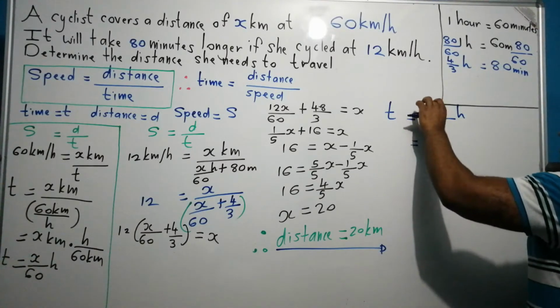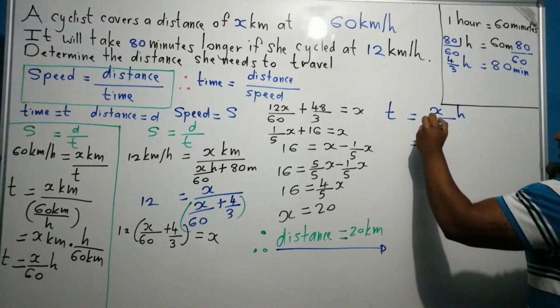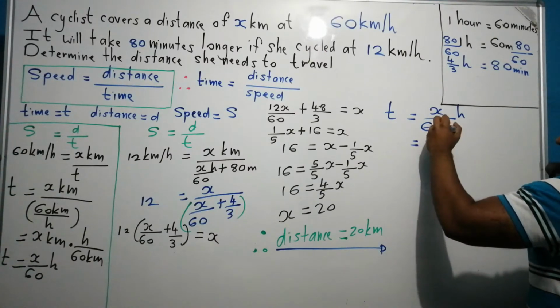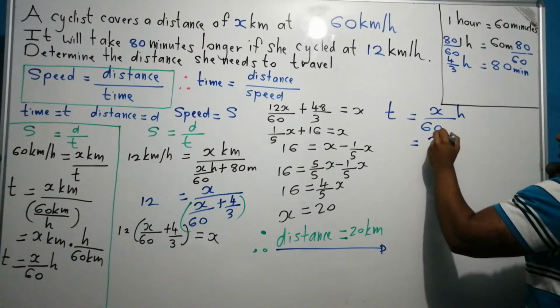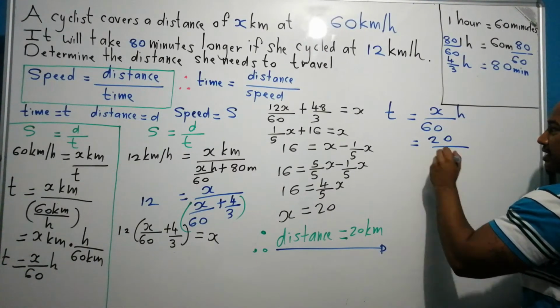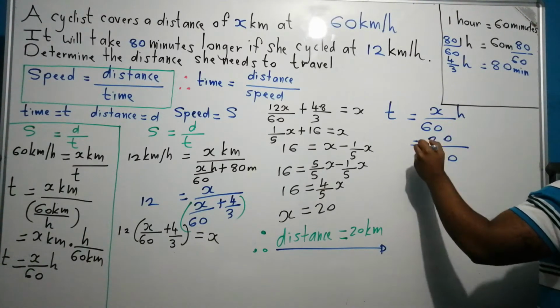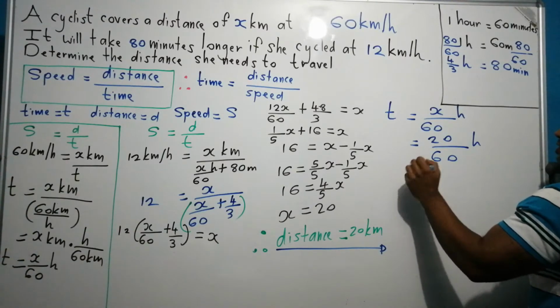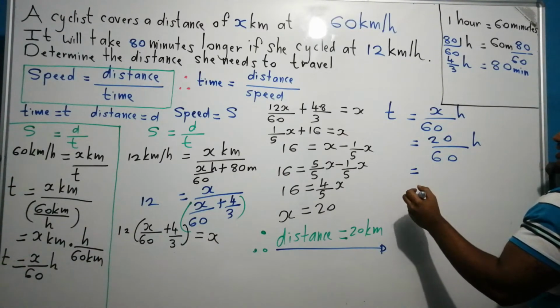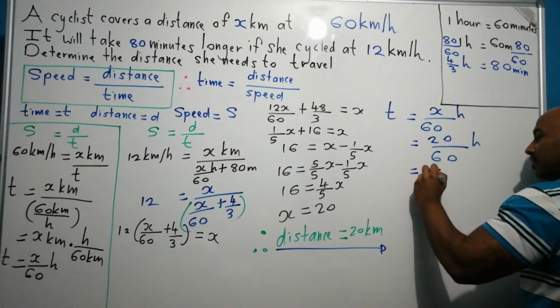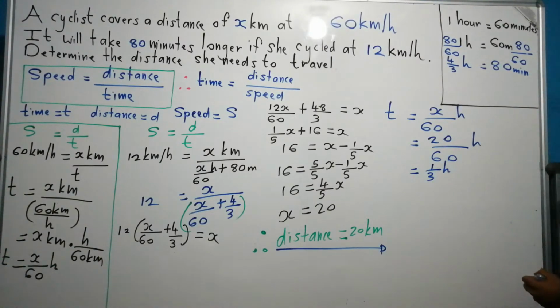So what was x that we just worked out? It was 20 divided by 60. So 20 divided by 60 is the same as 1 over 3 hours.